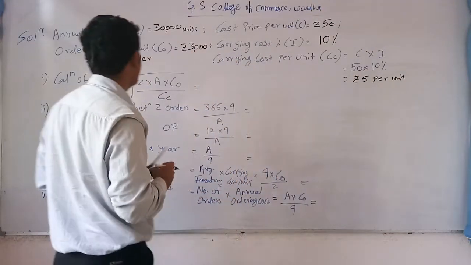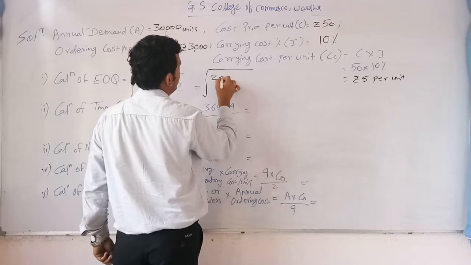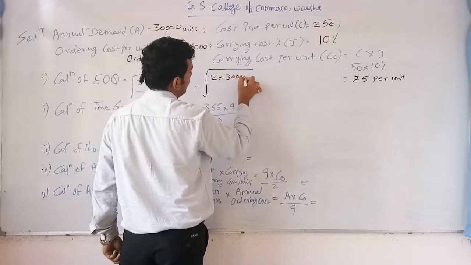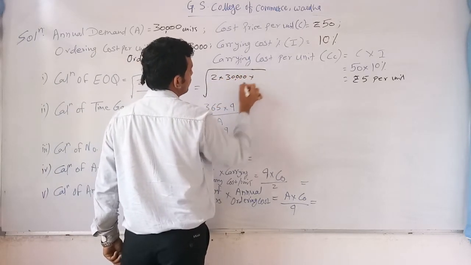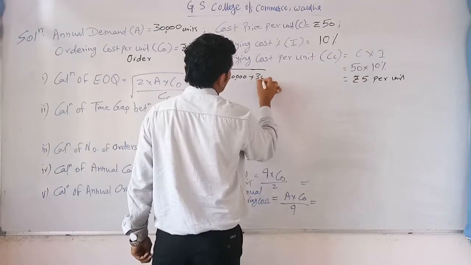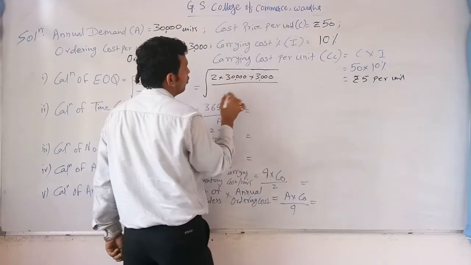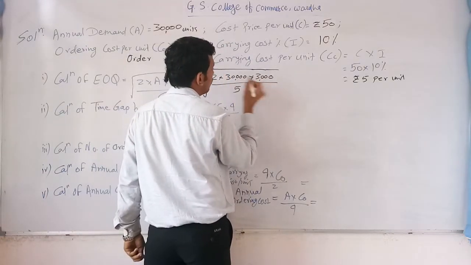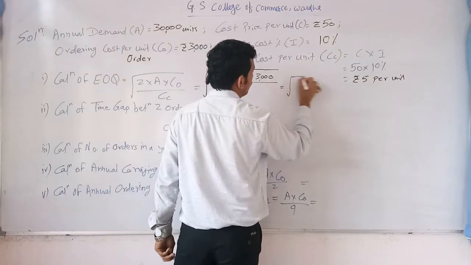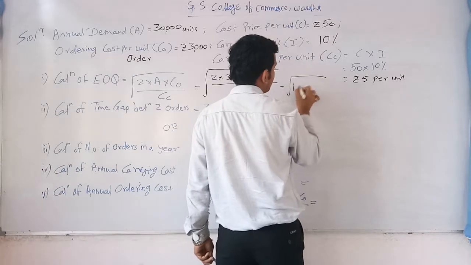Now we will calculate EOQ. The formula is the same: under root twice annual demand, that is A. For this particular question it is 30,000 multiplied by ordering cost, that is rupees 3000, divided by carrying cost, which we have calculated as rupees 5, equals under root 1 crore 80 lakh.